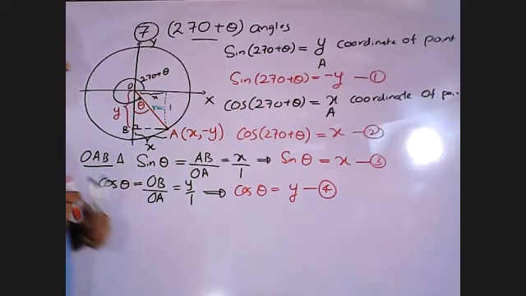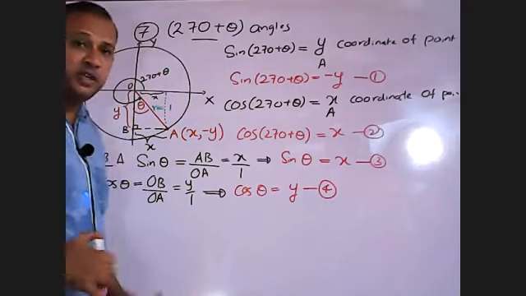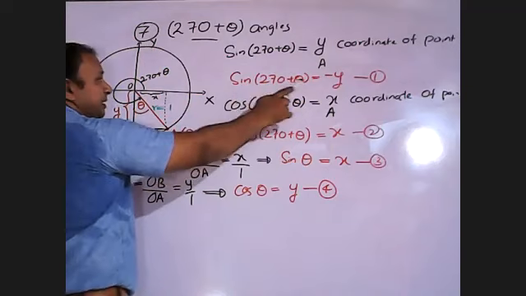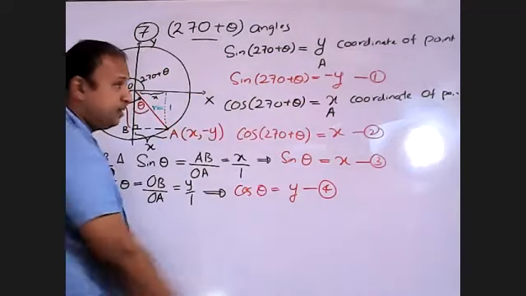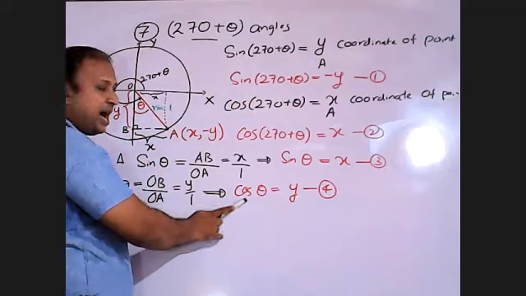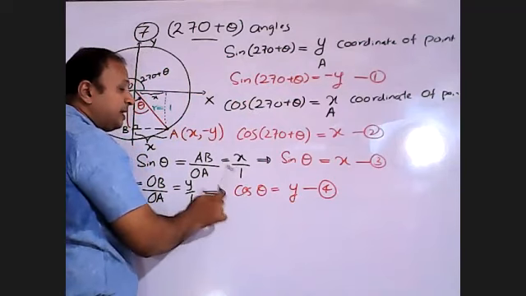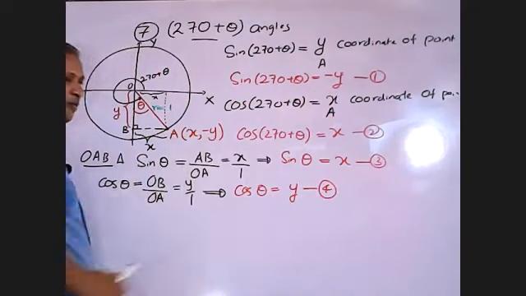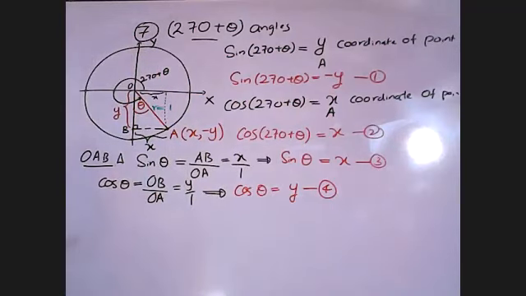Now you can compare 1, 2, 3, 4. Look at this. Sin 270 plus theta is equal to minus y. y is equal to cos theta. Therefore, you can substitute this value from cos theta.